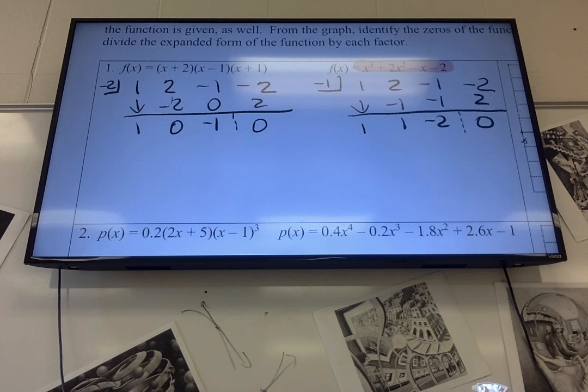I'm doing that kind of fast, but I feel like we've done it a bazillion times at this point. And then the other one was 1. 1, 3, 2.